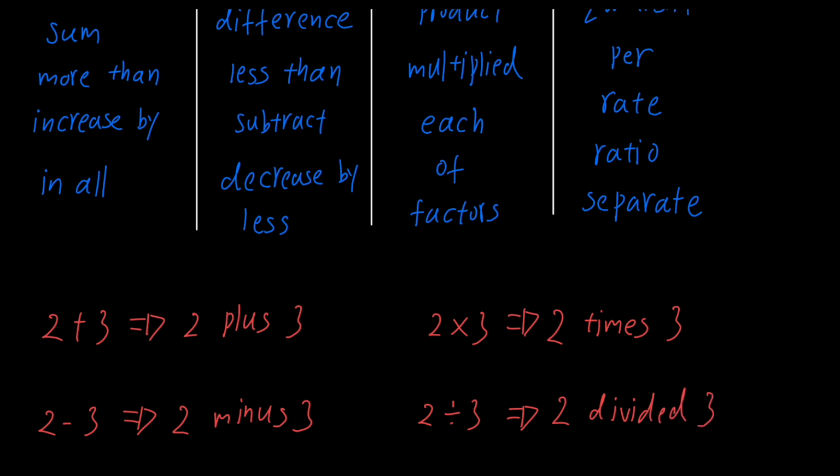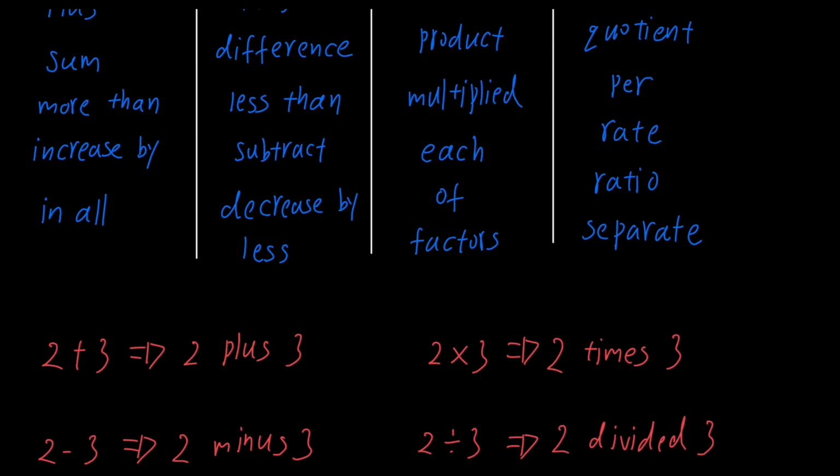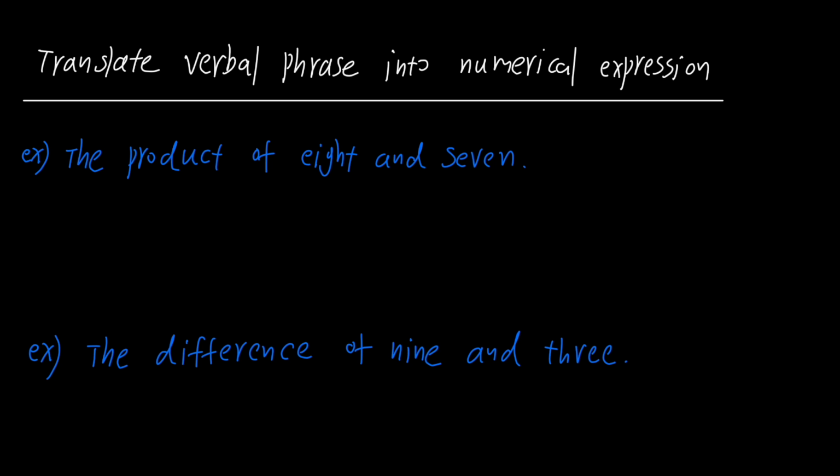Okay, so because we have to learn these four operations, we want to translate verbal phrases into numerical expressions. Really important step. Let's say I want to translate the product of 8 and 7.